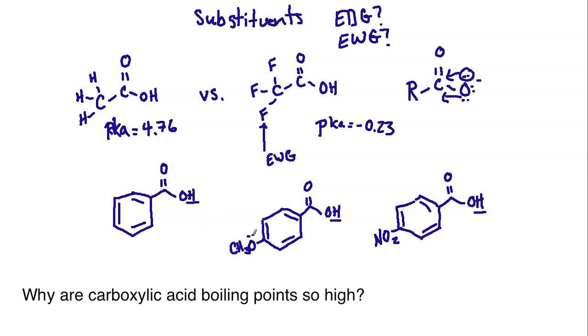Because this oxygen with lone pairs is going to donate into the ring system, this electron donating group is going to cause the acidity in this case to go down or to become less acidic, okay?